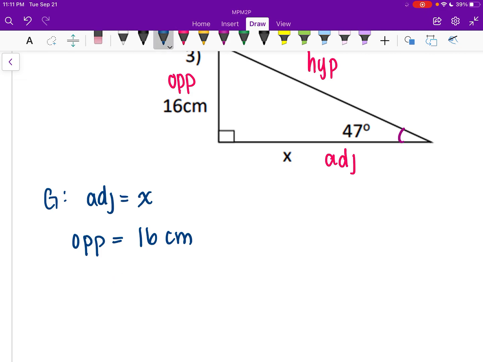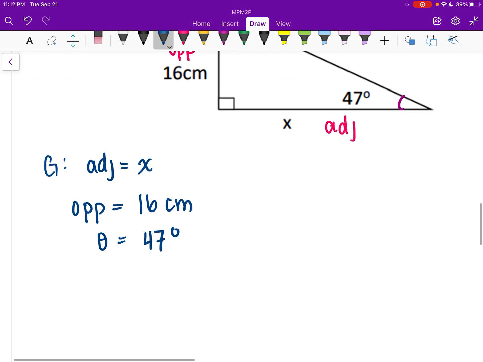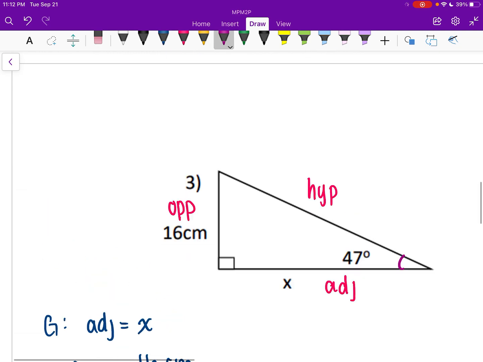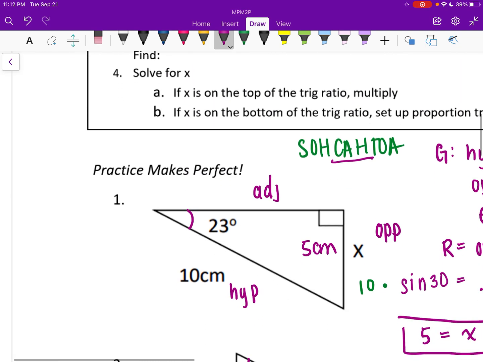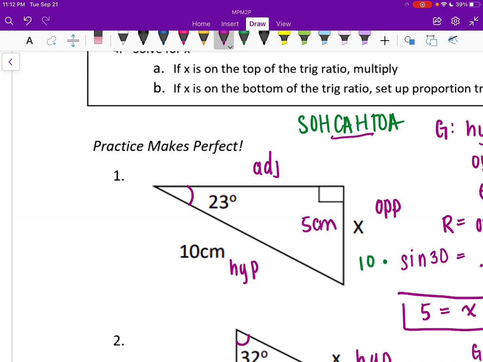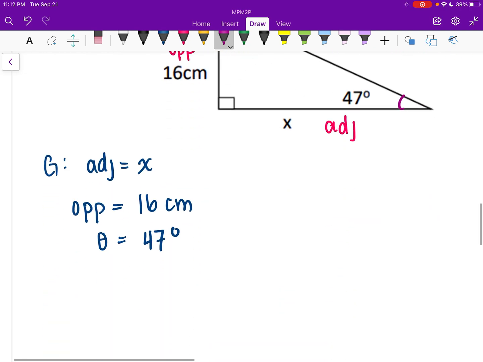And I know my angle, so theta, or you can write angle, whatever you want to write here. You use theta in math, is 47. Right? So if I have adjacent and opposite, I'm just going to go up here and be like, okay, what can I use? I can't use SOH, I need the hypotenuse. I can't use CAH, I need the hypotenuse, but I can use TOA, so I can use tan.